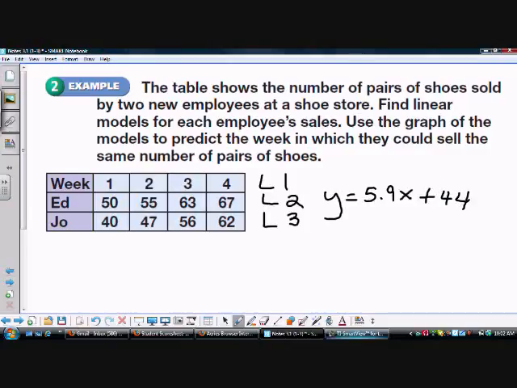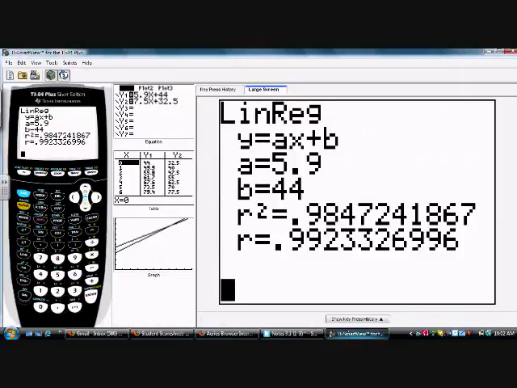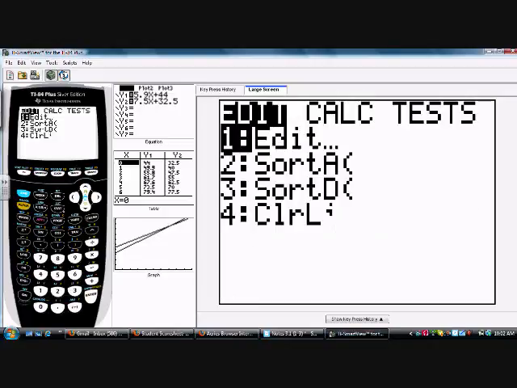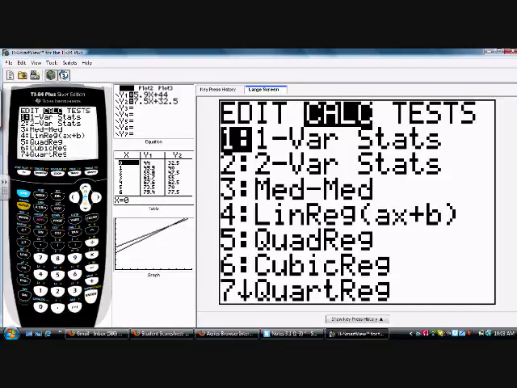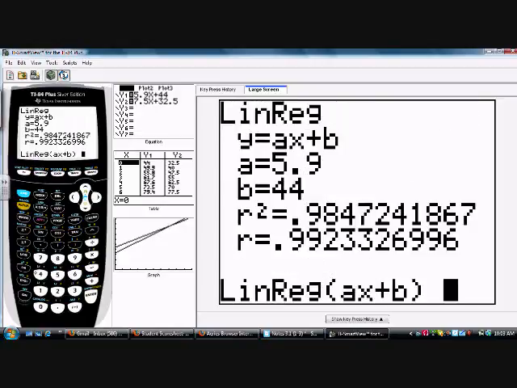Now let's get Joe's equation. Joe's data was the input is the number of weeks in list 1, and Joe's shoe sales are in list 3. So we're going to do stat, calc, linreg again.